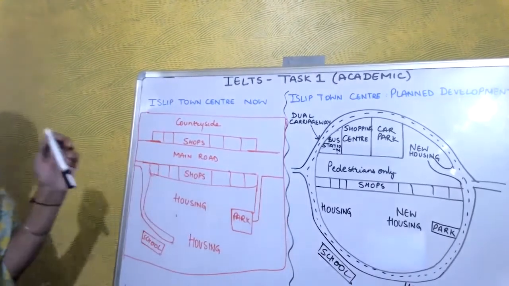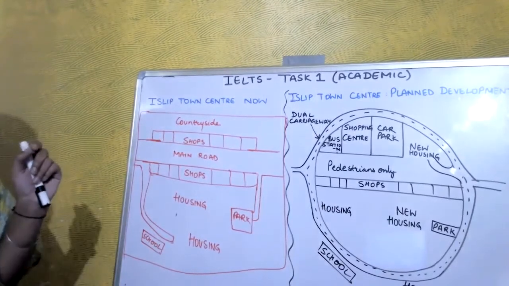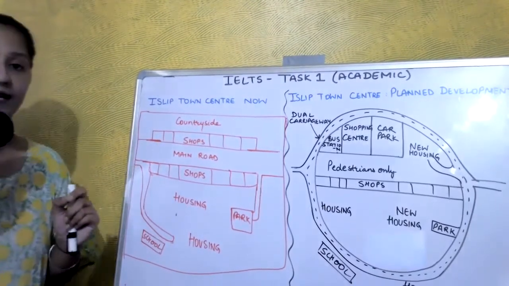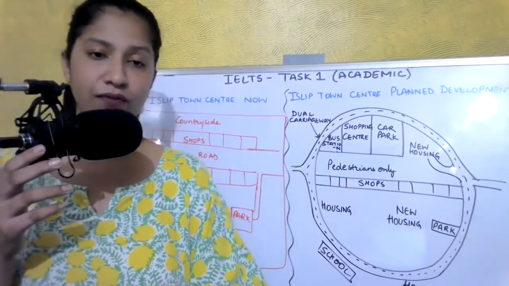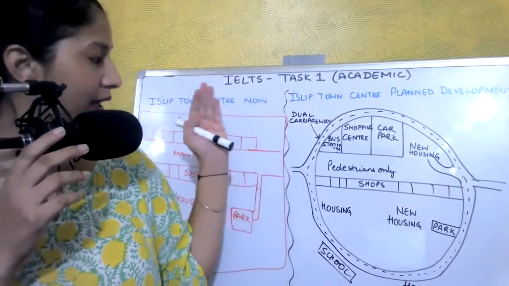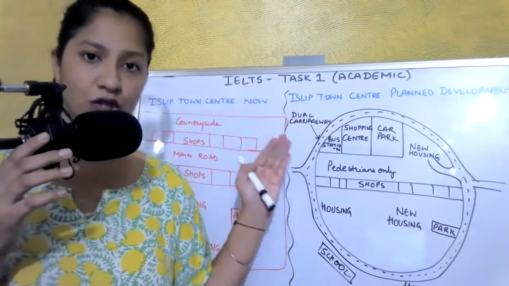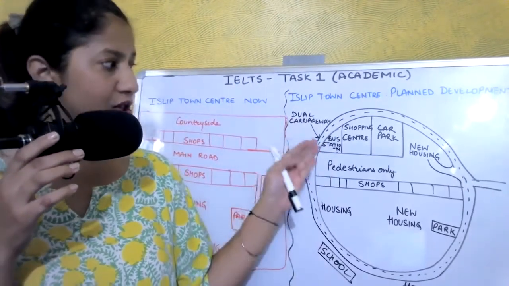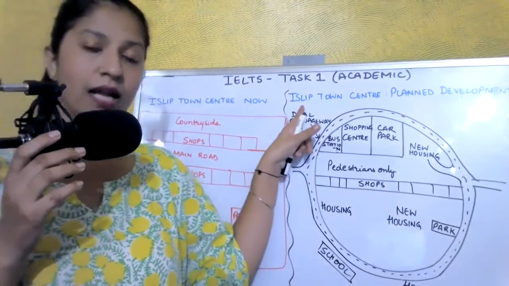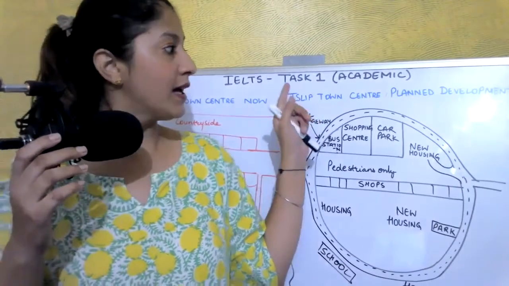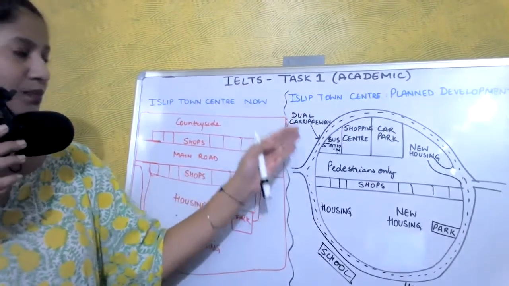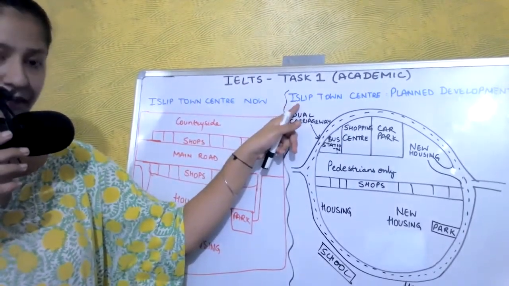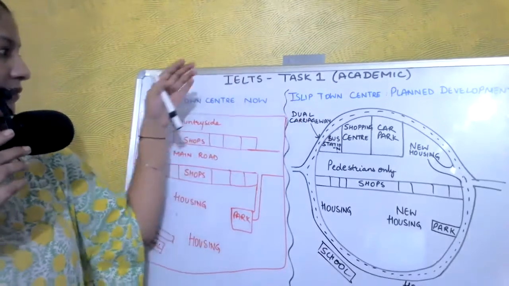Correct. Now, when I have to start writing, I'll start with the first paragraph as I had read the question that the maps below show the center of a small town. I'll say, the given map illustrates the center of the small town named Islip. Full stop.